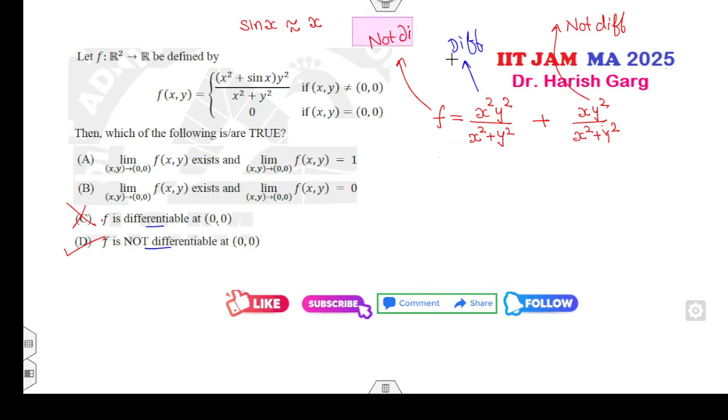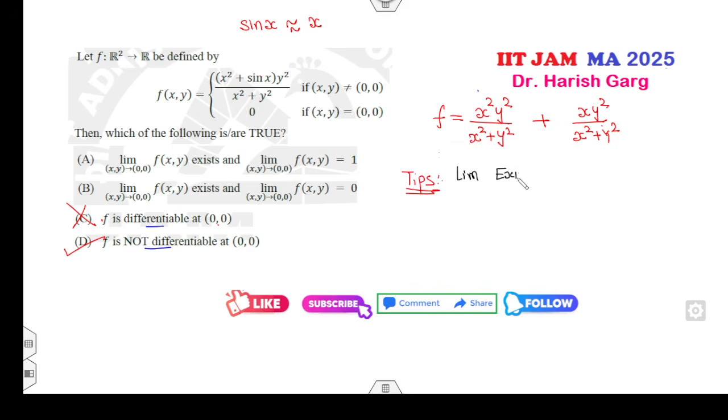Clear? Now look at the second and the third option, whether the limit exists. I will tell you the limit tips. When checking limit existence, if the degree of the numerator is greater than the degree of the denominator, then the limit exists, and the limit will be 0 only at the point 0,0.